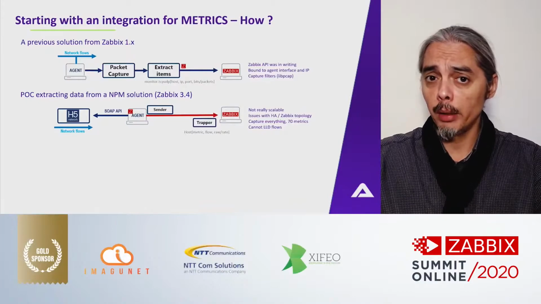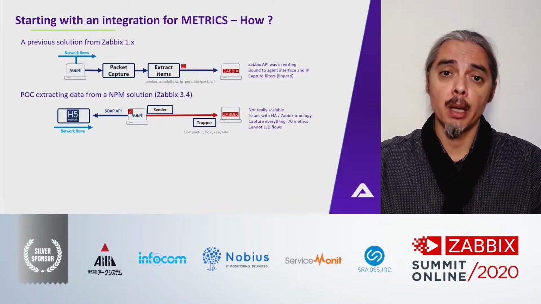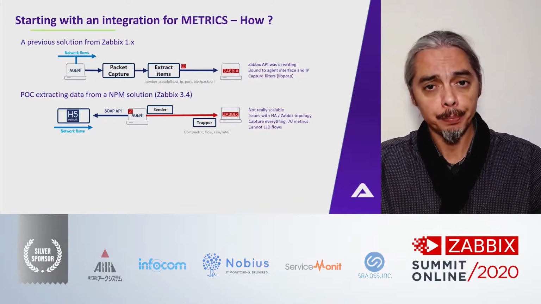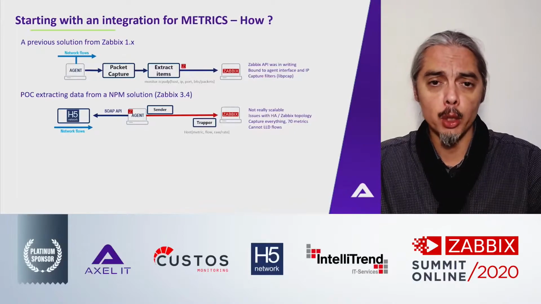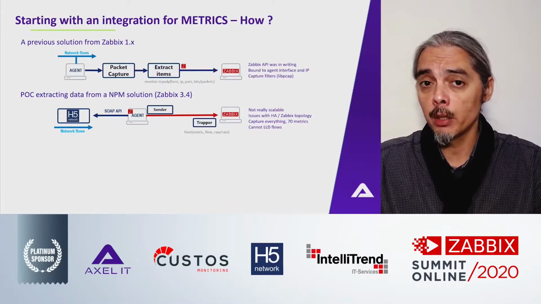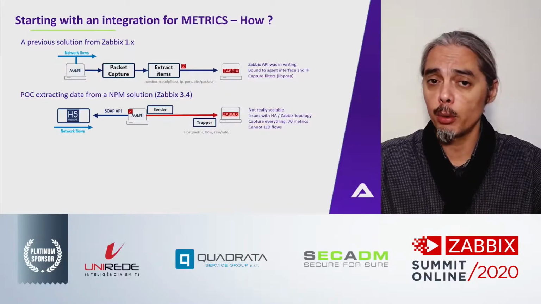We wanted to do that a little later, but at scale, meaning having gigabytes or tens of gigabytes of data fed into Zabbix. So we turned to our partner H5 Network. H5 will be giving a speech later this afternoon, so be sure to check on them if it is of interest to you.